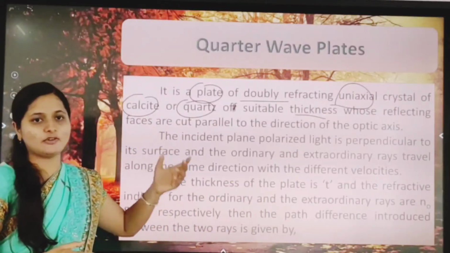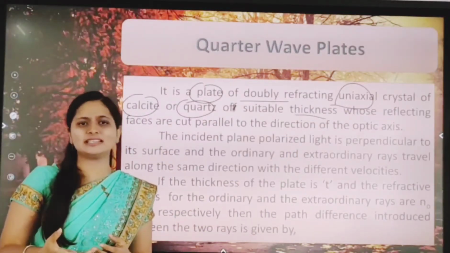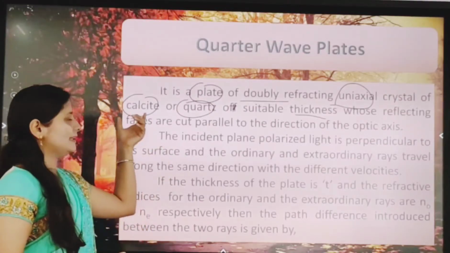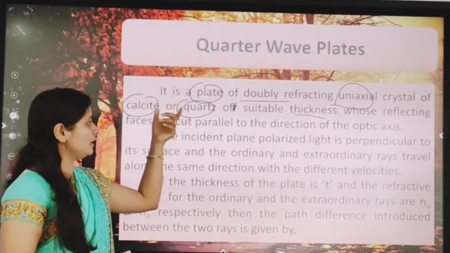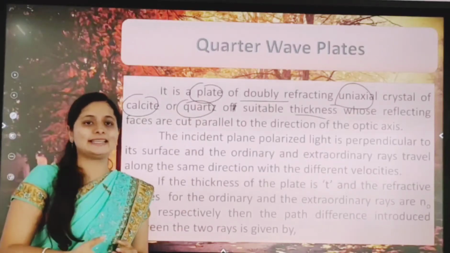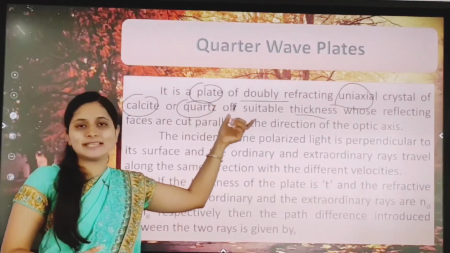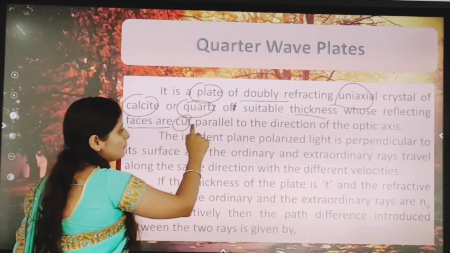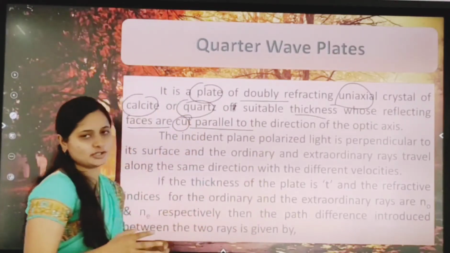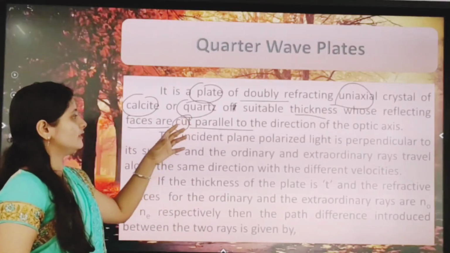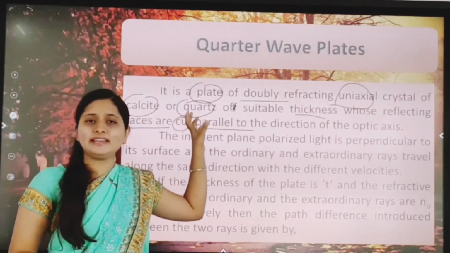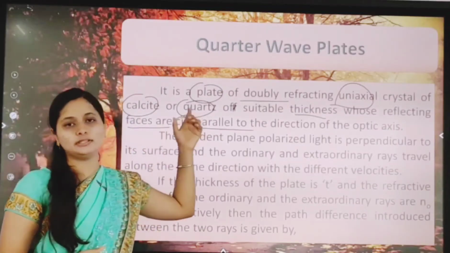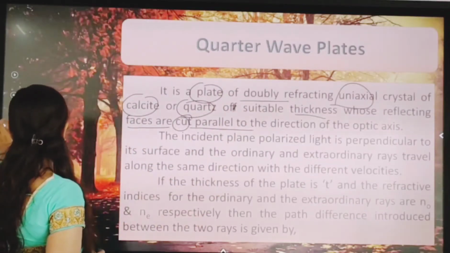Either it may be calcite or quartz, and it has a certain thickness, and its reflecting faces are cut parallel to the direction of the optic axis.